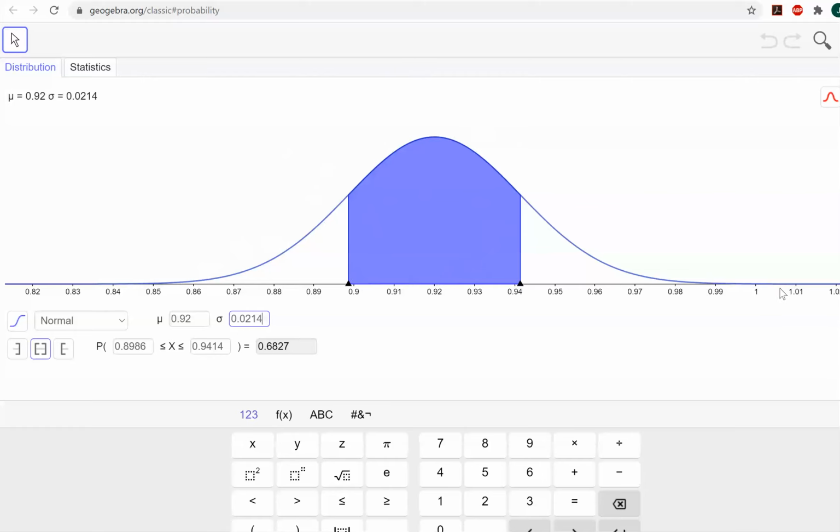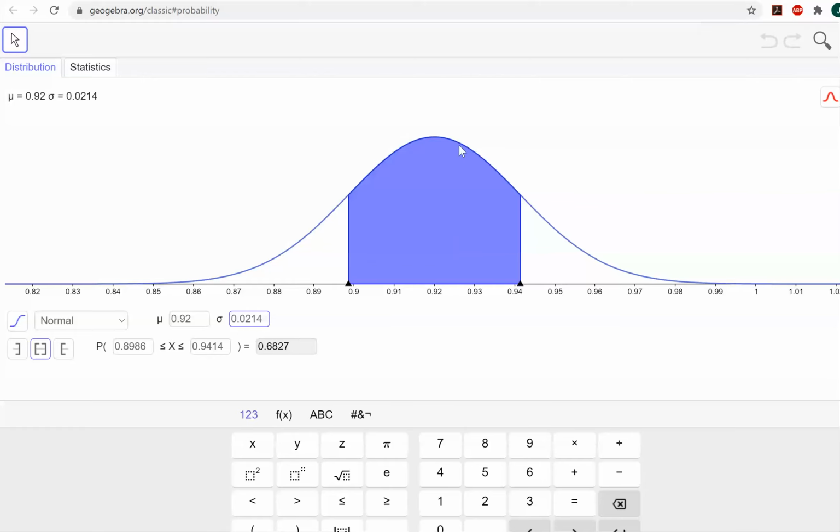You could see we go beyond 1 on the right-hand side here, and that's fine because those outcomes are extremely unlikely, basically impossible for what we're trying to accomplish, but that's why these values coming through are so small. Your mean should always be between 0 and 1, and then you should have a small standard deviation, because what this really brings through is a standard deviation of 2.14%. So we expect 92%, and on average that'll deviate by about 2.14%.